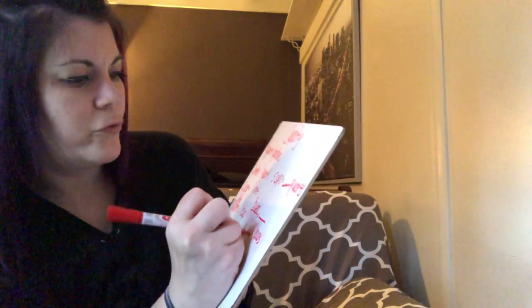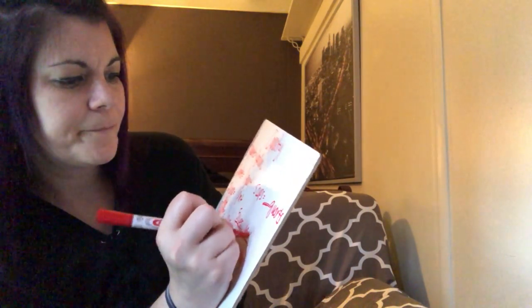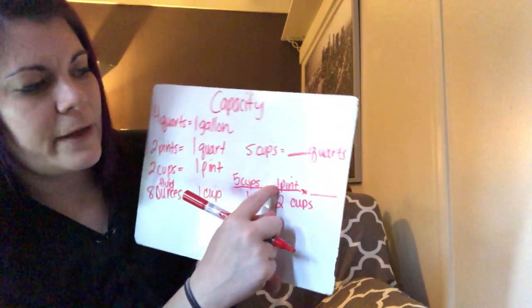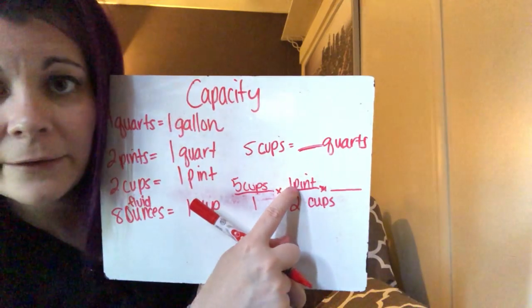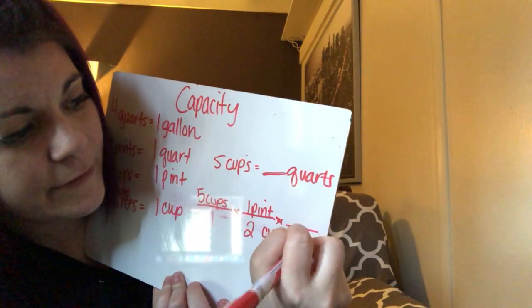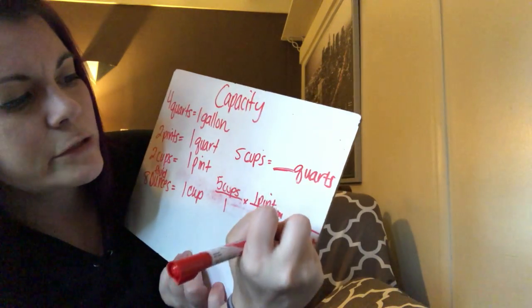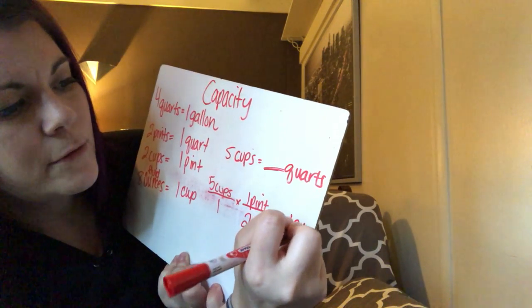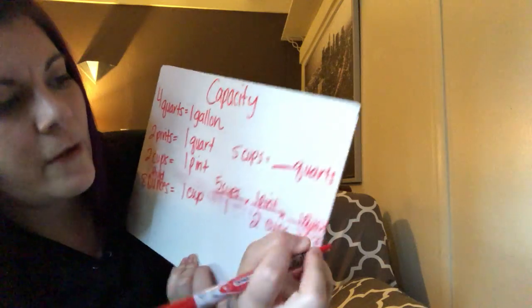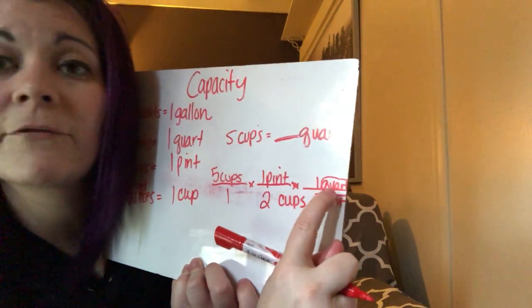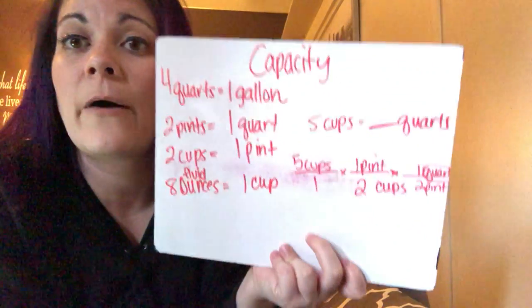Then we have a pint here, so pint goes on bottom to cancel it out. And then we have 2 pints to 1 quart. And now I've satisfied this because I have quarts at my ending. And so now I'm done.